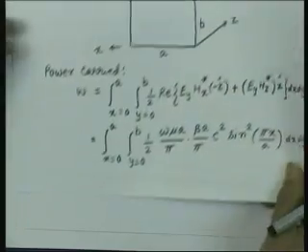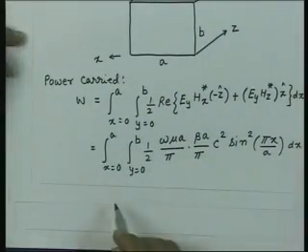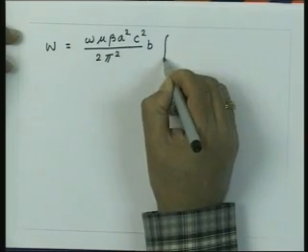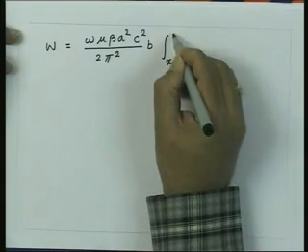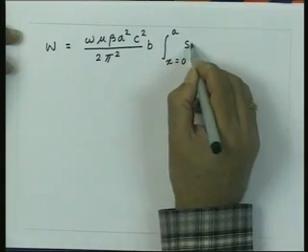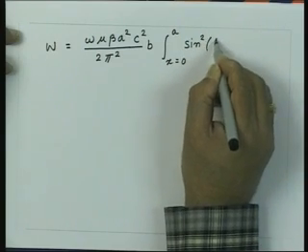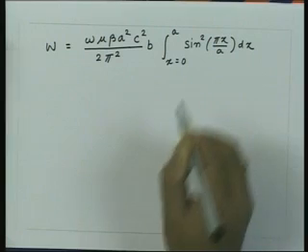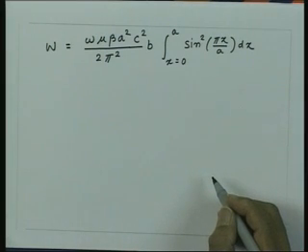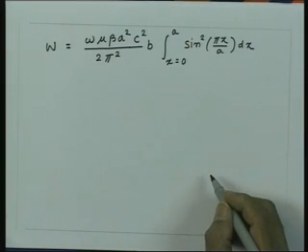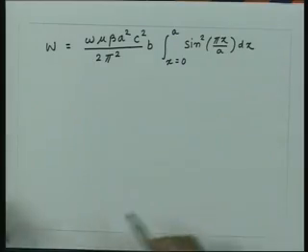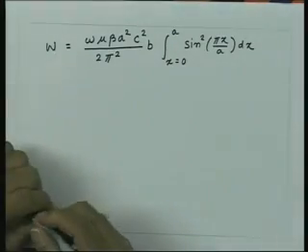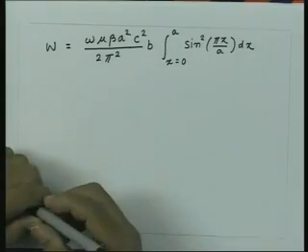The integral with respect to y will be b, so multiplied by b, integral x equal to 0 to a sin square pi x by a into dx. And this integral will be only having a value of half.